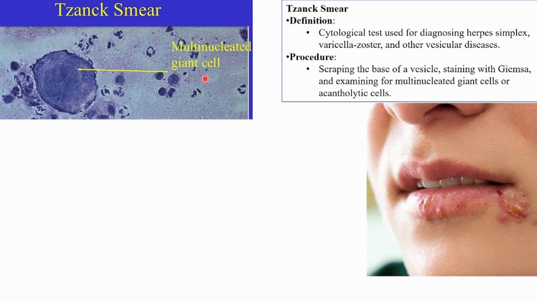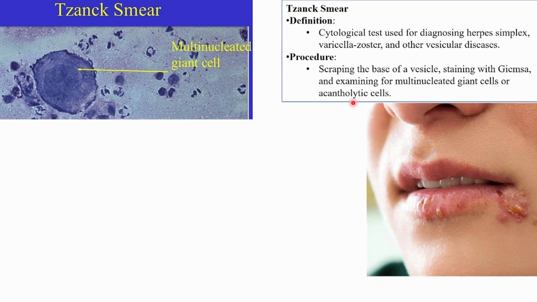They fuse together, hence they form giant cells. So the glycoprotein produced by the virus in the infected cell and the adjacent cell fuse together and form the multinucleated giant cells.